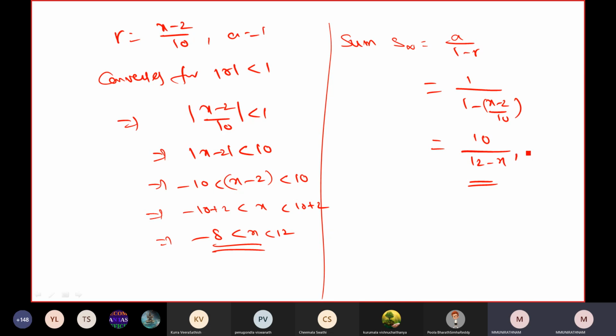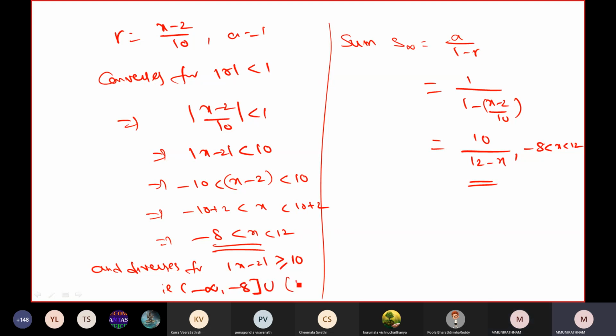The sum is 10 by 12 minus x for -8 less than x less than 12, and it diverges for mod x minus 2 greater than or equal to 10, that is, minus infinity to minus 8 union 12 to infinity. It converges from minus 8 to 12, and the remaining region outside of this is called diverges.